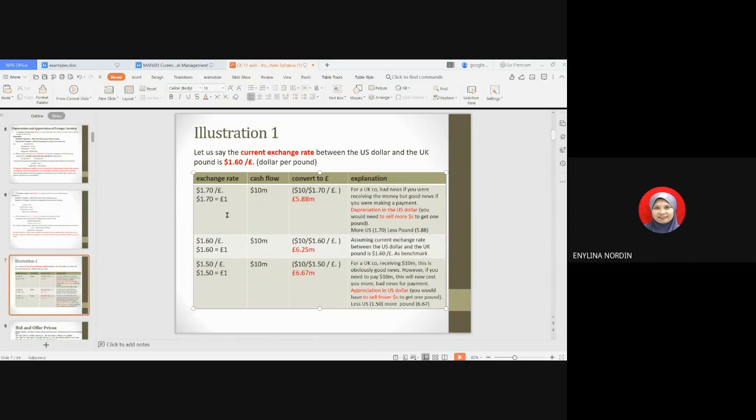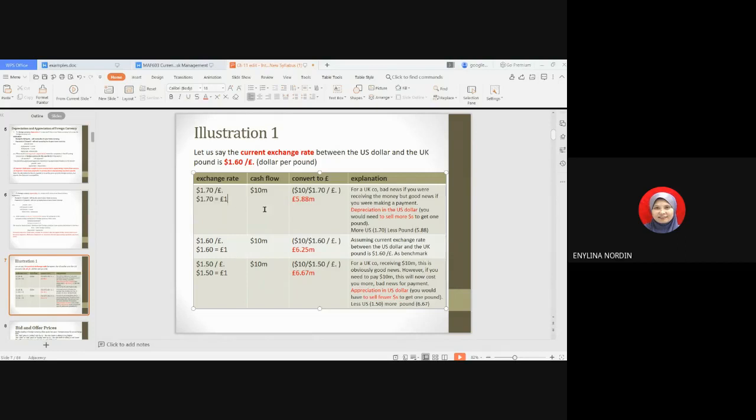What does it mean? The foreign currency, pound sterling, is appreciating and the dollar is depreciating, because we have to pay more dollars to get 1 pound.